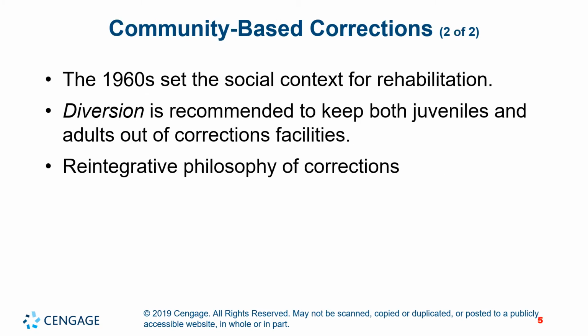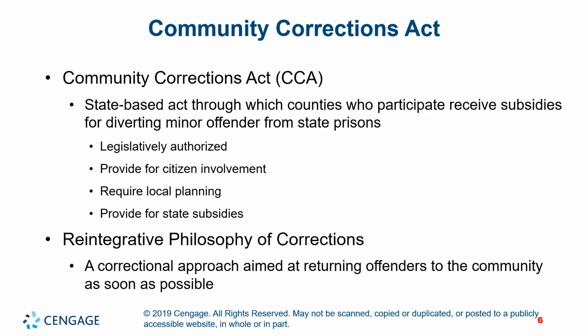The 1960s set the social context for rehabilitation. Diversion is recommended to keep both juveniles and adults out of corrections facilities. This is called the reintegrative philosophy of corrections. The Community Corrections Act, or the CCA, is a state-based act through which counties who participate receive subsidies for diverting minor offenders from state prisons.